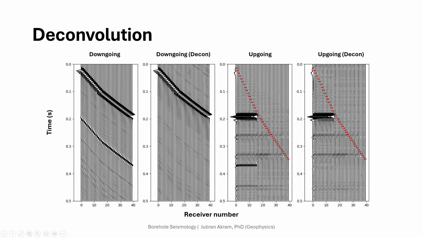And then we have the upgoing wave field. We use the downgoing wave field to design the deconvolution operator, and then we apply that operator to the upgoing wave field to remove the multiples. And we can see that this multiple here has been successfully suppressed or eliminated from the data.